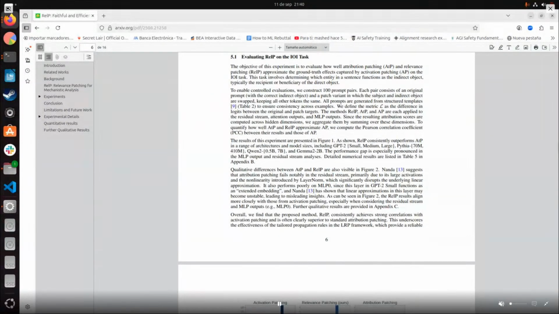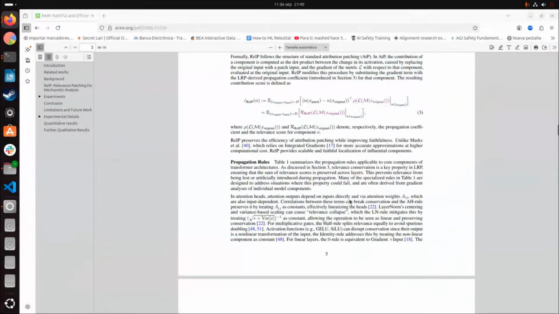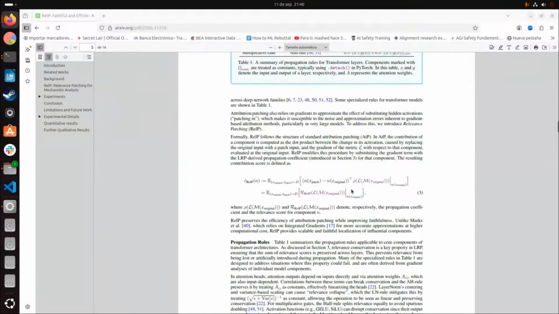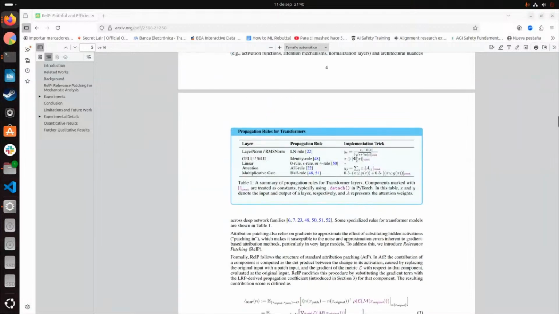Anyway, going back to this. The propagation rules are just rules that they made for each layer. Not going to get into trying to understand all of them, right? But they probably make some sense.